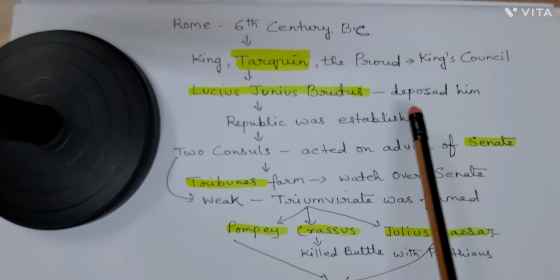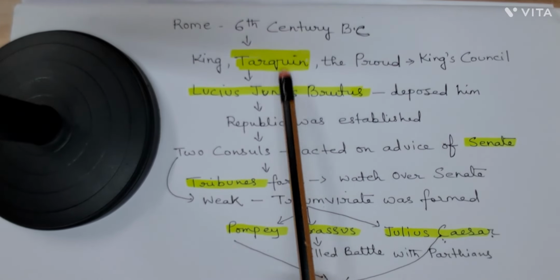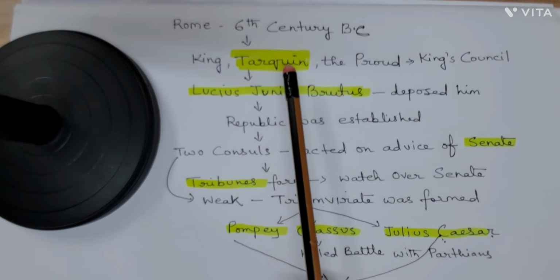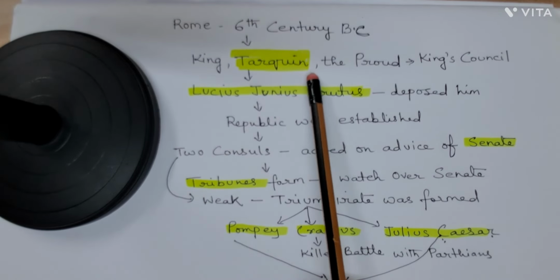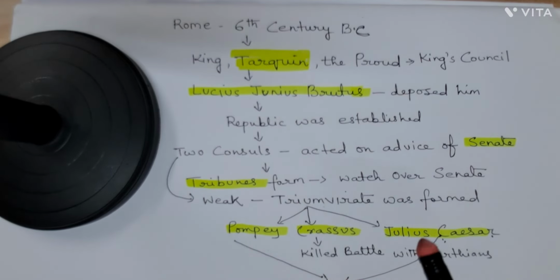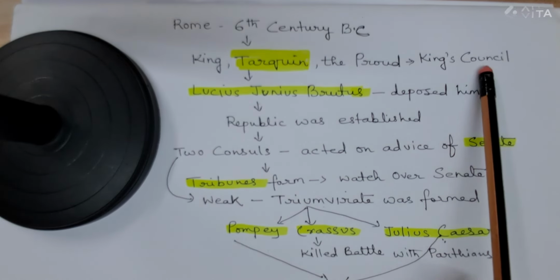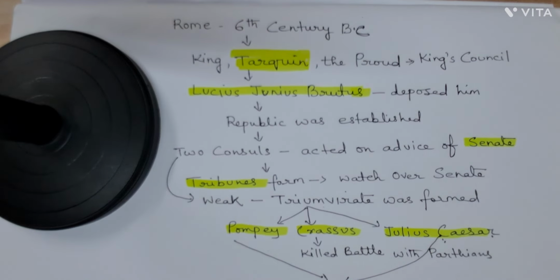So Rome in 6th century BC was under monarchy, under a king Tarquin, who was not at all a benevolent king. He was rather brutal, tyrant, dominant, and kept Romans as his slaves. He had his own council, so everything was decided by him only.